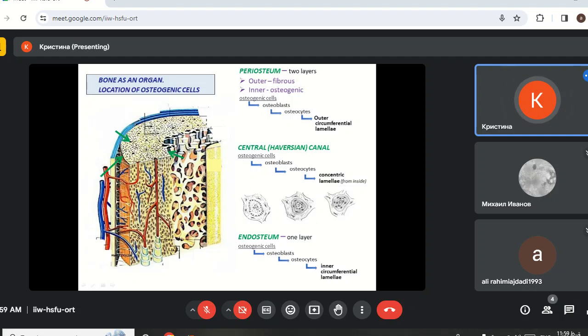So here we have the osteogenic cells, which also can develop into osteoblasts, osteocytes, and so they form concentric lamellae of the osteons. You can see here how this happens. First the outermost lamellae are formed with the help of osteoblasts, which produce extracellular matrix, embed themselves, and make next lamellae, which are closer and closer to the central canal here.